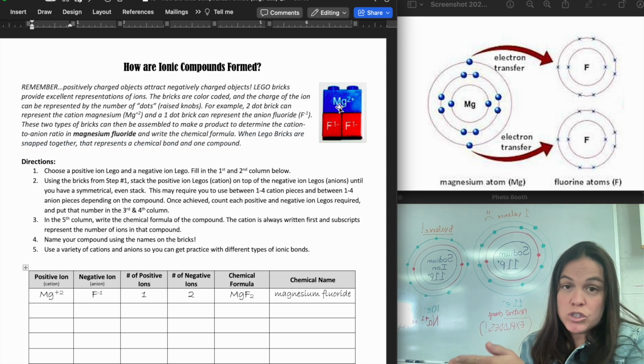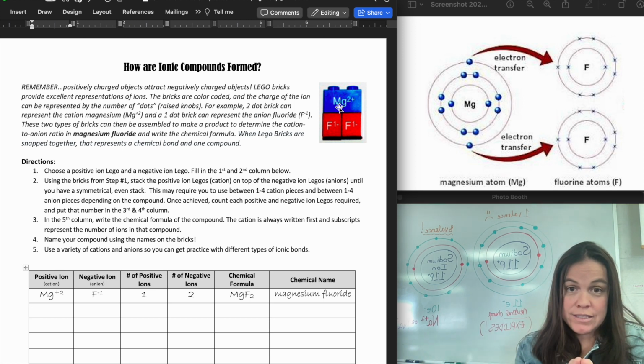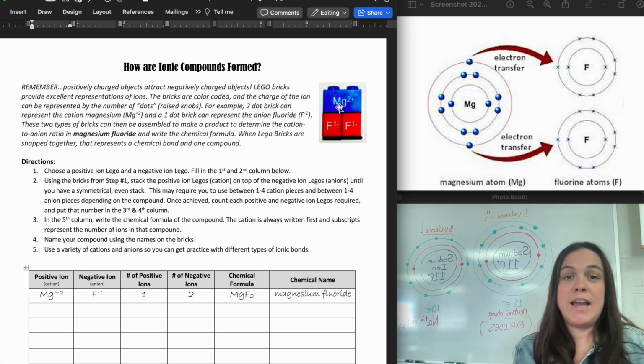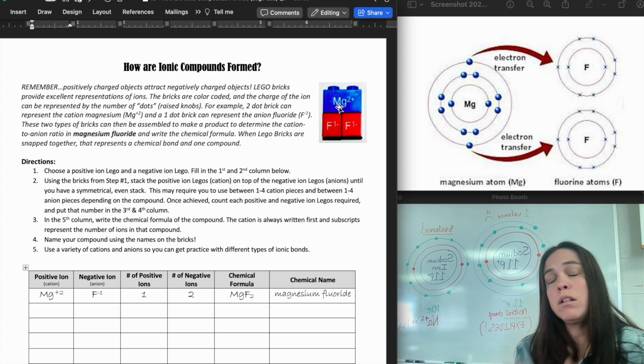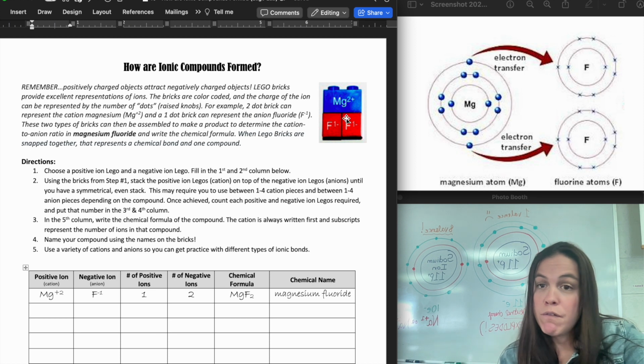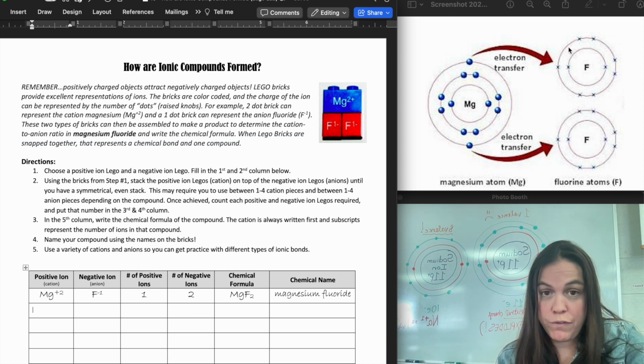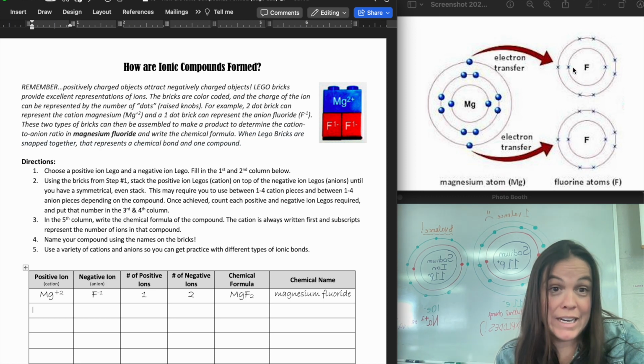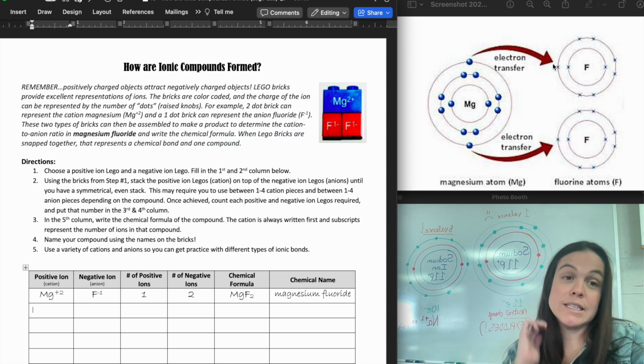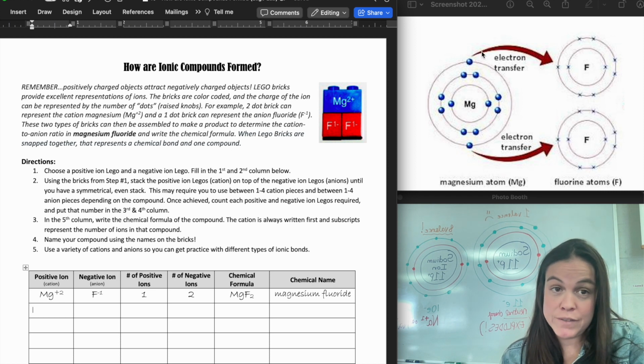So it donates its electrons to something on the other side of the periodic table, like chlorine, or in this case, fluorine. But magnesium doesn't just have 1 electron to give up, it's got 2 electrons to give up. So it actually needs to find 2 fluorine atoms, which are going to turn into ions, to bond with. So it gives 1 electron to 1 fluorine atom and gives its second electron to another fluorine atom.